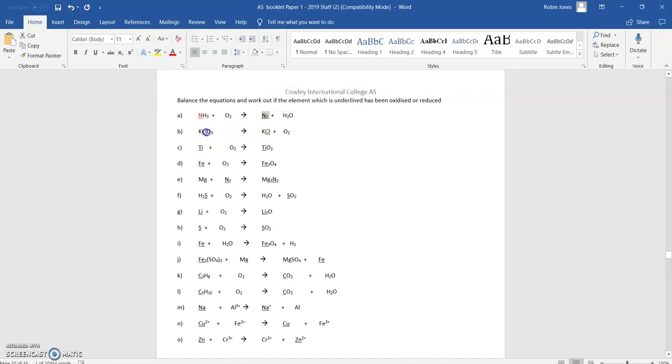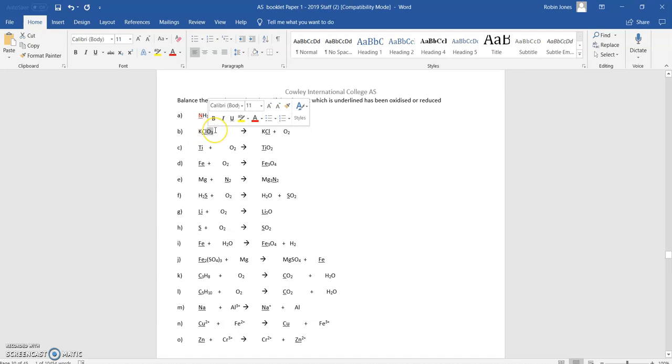Let's have a look at the next one then, the Cl. Well, what have we got around it? We've got K, which is in group 1, +1 oxidation state, so that's +1. Oxygens are -2, and there are 3 of them. 3 -2's are -6, so I've got -6 here and +1.